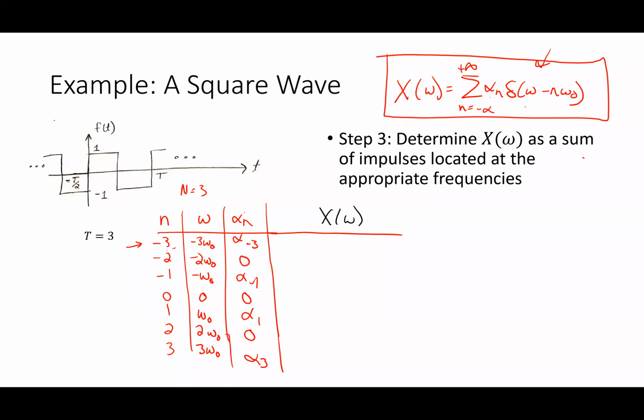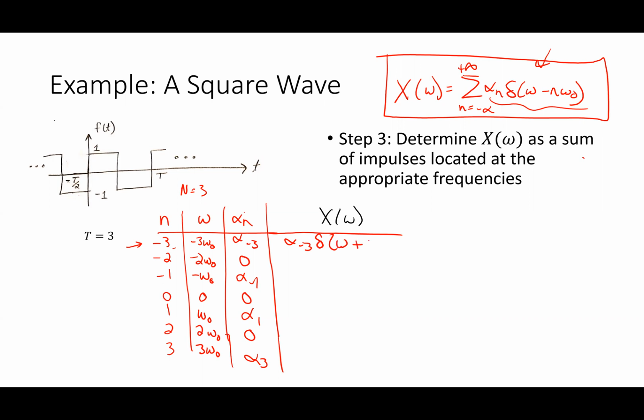I get it straight from this formula, right? It'd be alpha -3 times what? It's that impulse, right? Delta of what?